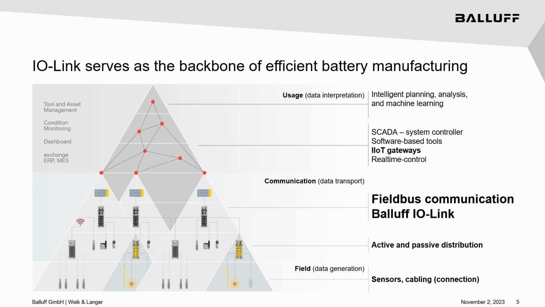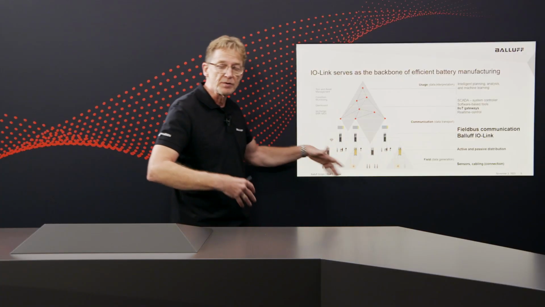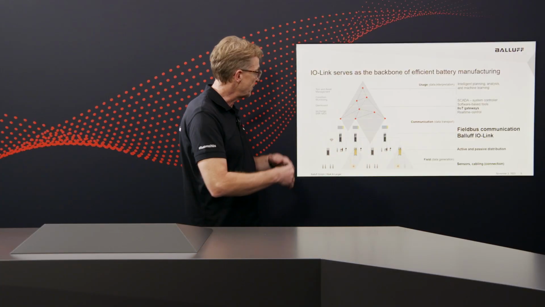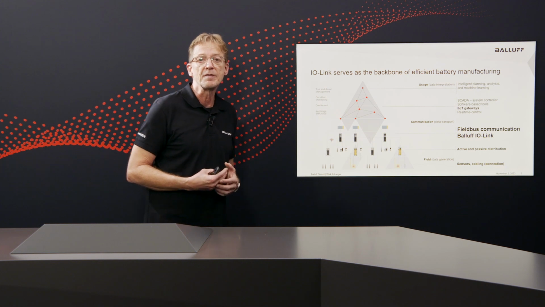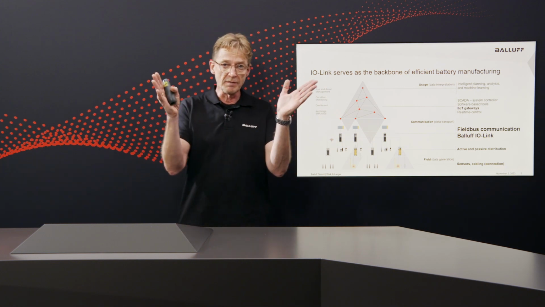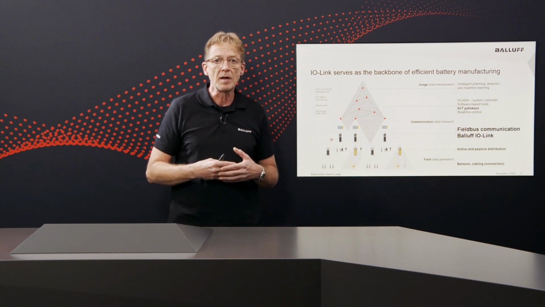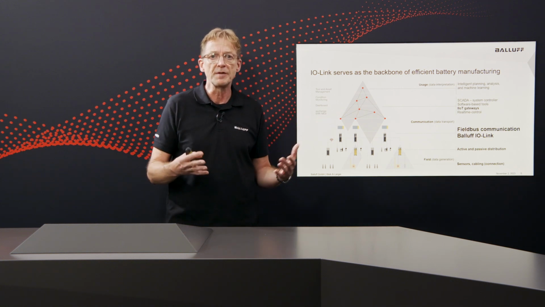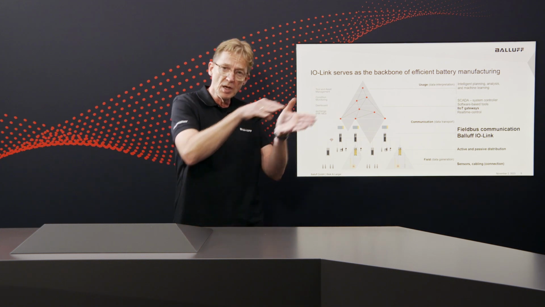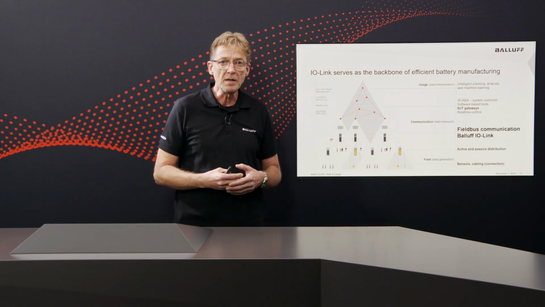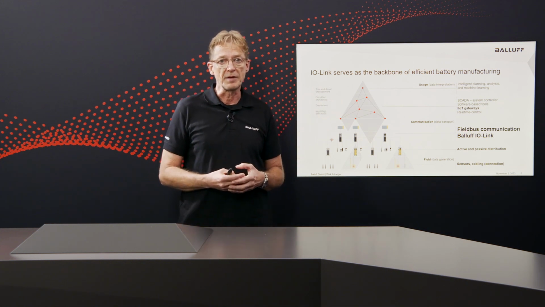So here already in this area we are going to increase a lot of additional information, and we now have the chance to divide this information into the process data, for example, switching signals or measurement signals from my devices, which will go to the PLC for controlling the application.